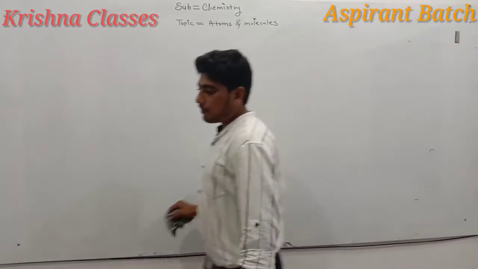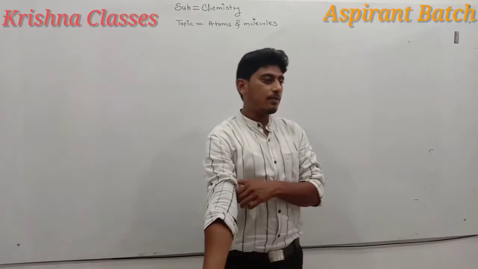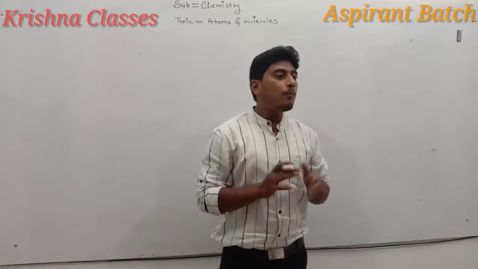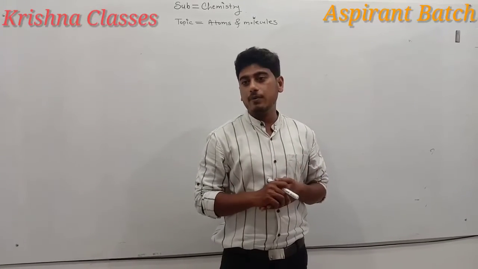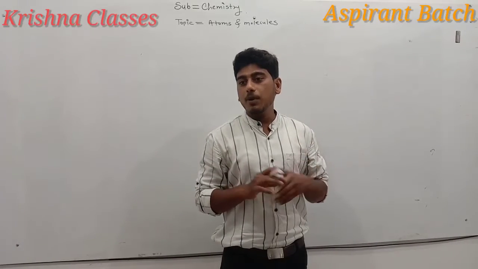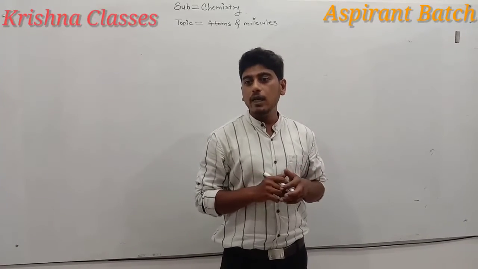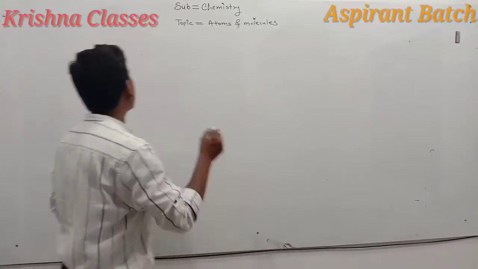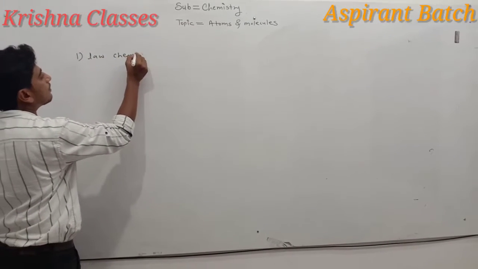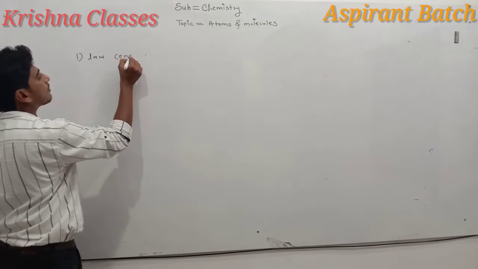Then after this, we already discussed that there are 5 different laws which explain the chemical composition, the ratio of elements present in a compound, that is, the specific ratio by mass of the particular elements in the compound. Just like here, the first is the law of conservation of mass.